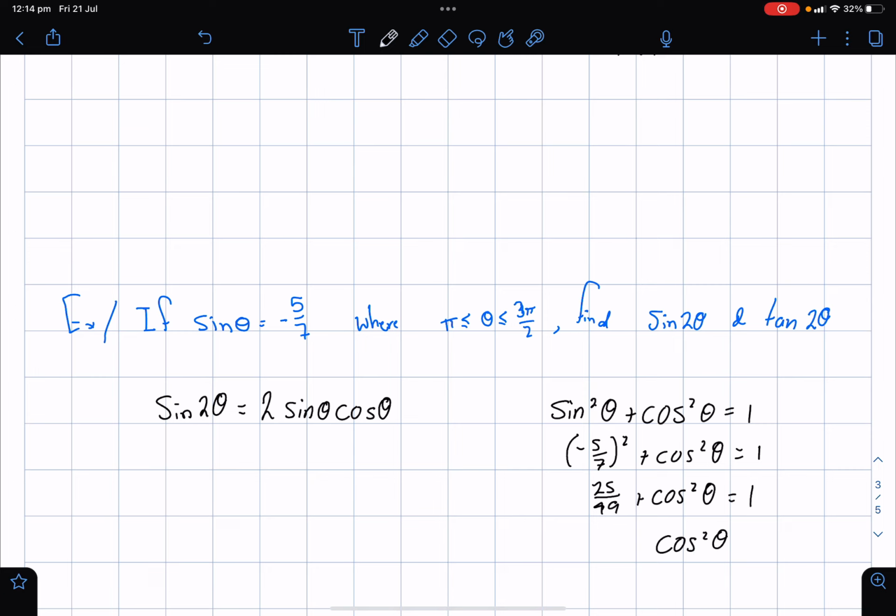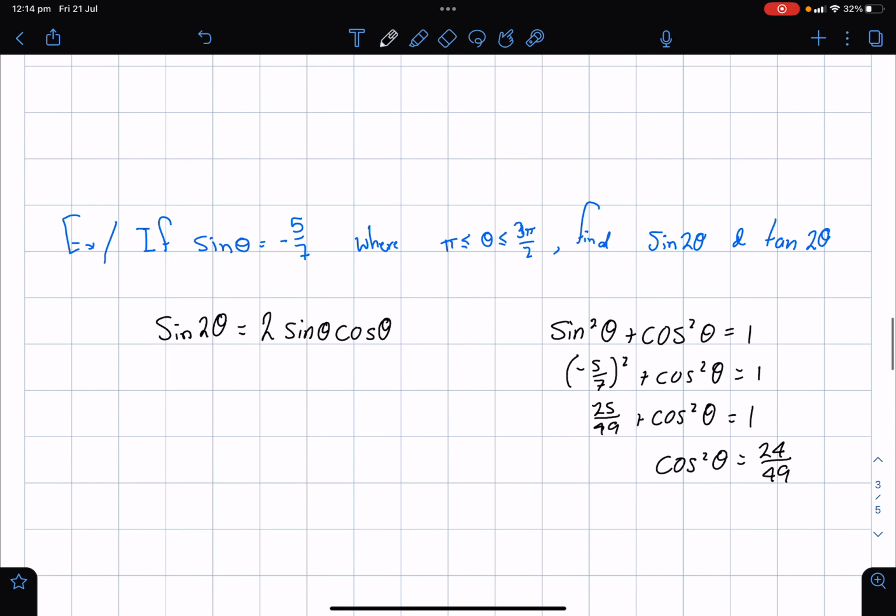Cos squared theta equals 24 on 49. And then I take the square root, cos theta equals. So now we've got to work out if it's positive or negative. Now it is in quadrant 3, so that means my cosine is going to be negative. So it's going to be negative the square root of 24 on 7.